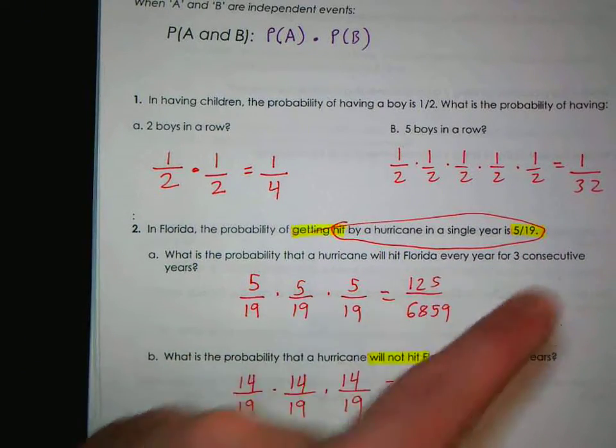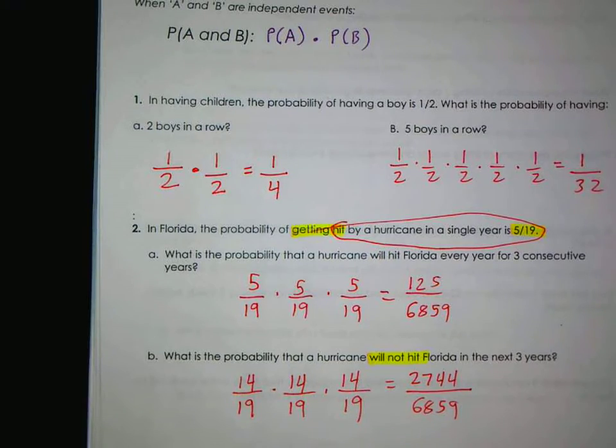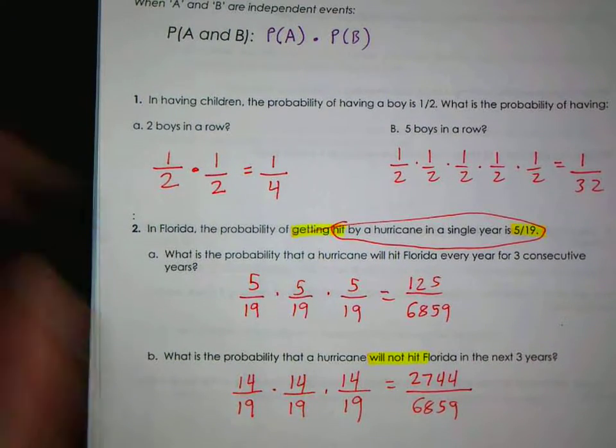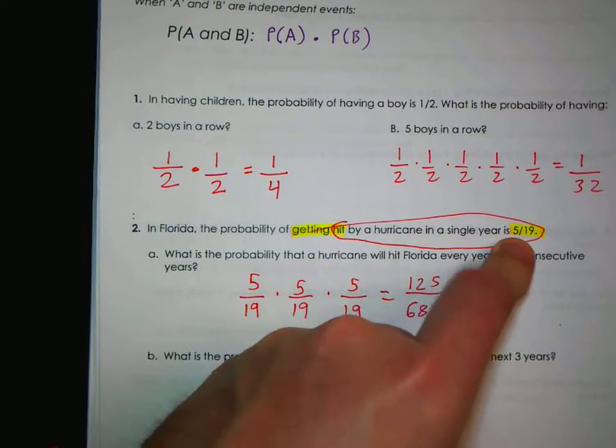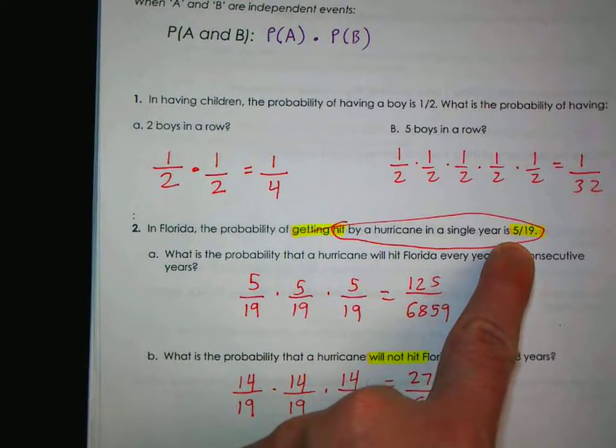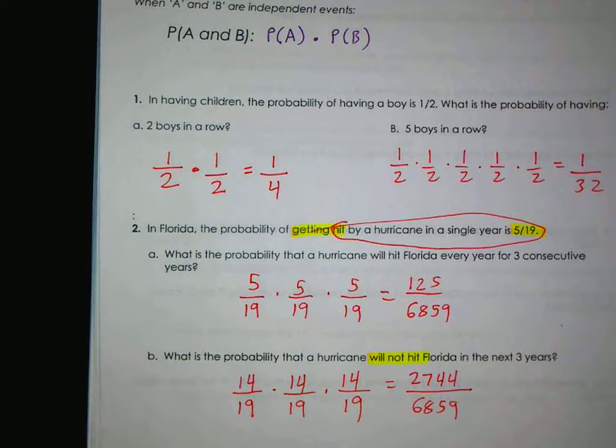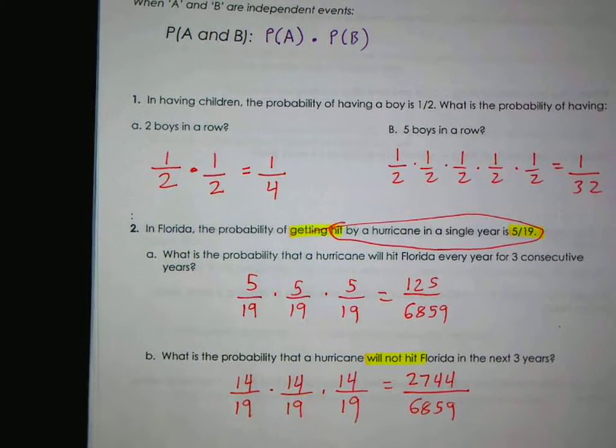Right? So a hurricane either hits Florida or it doesn't. So what that implies is if it hits 5 out of 19 years, then 5 plus 14 is 19. So it does not hit 14 out of 19. Does that make more sense? So does not is 14 out of 19.